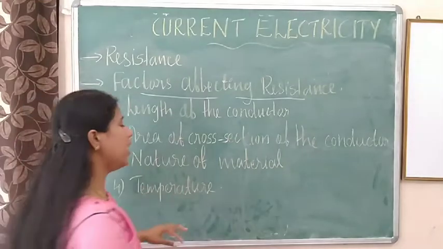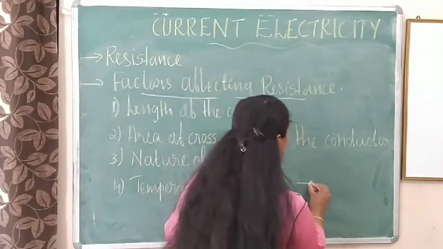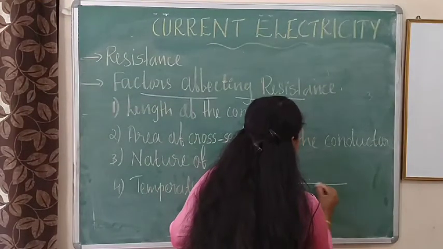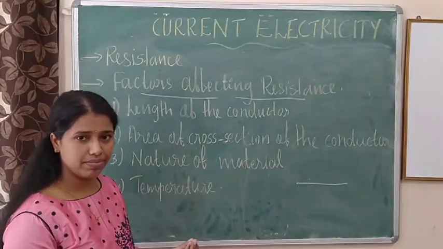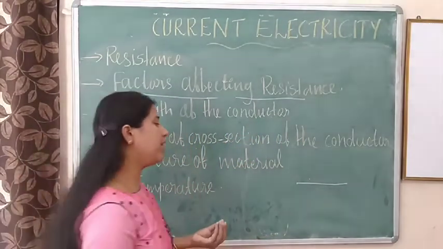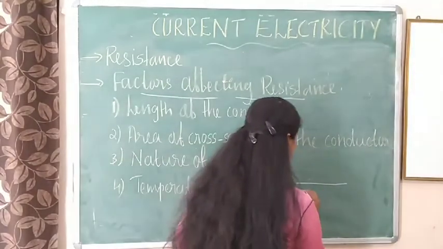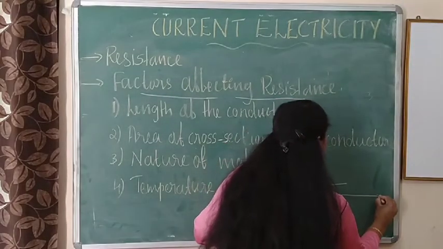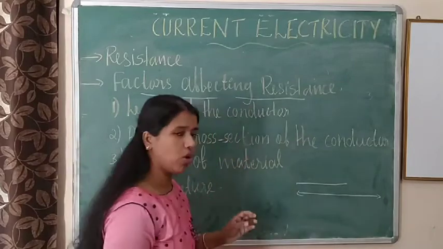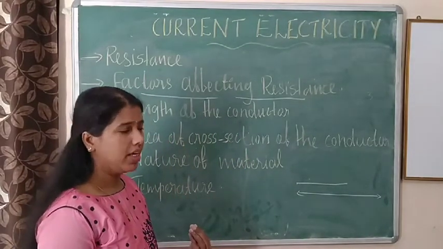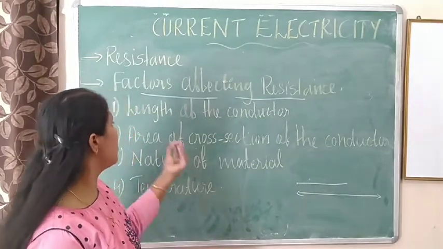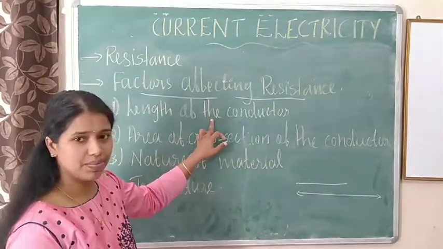Then we take one copper wire, and again we take one more copper wire whose length is a little more. Which one has more resistance?